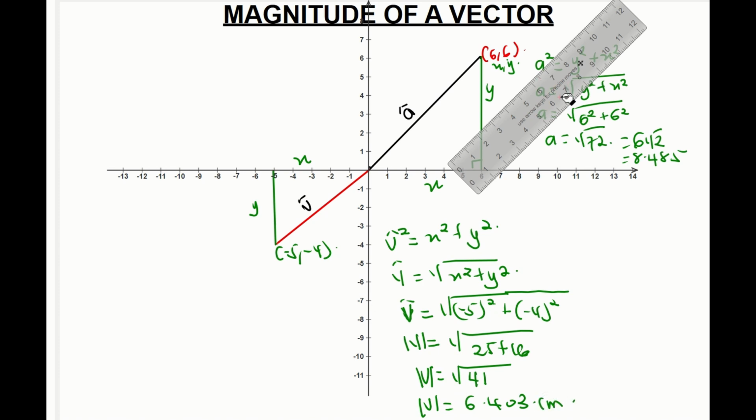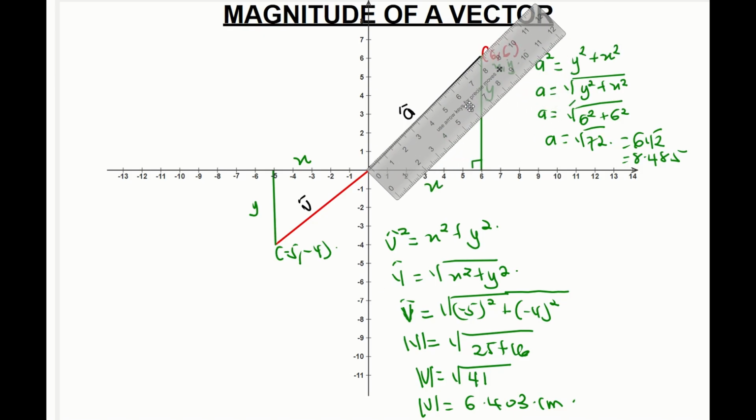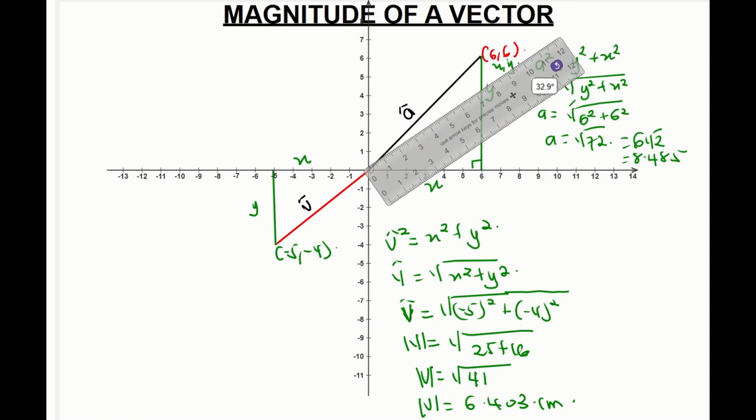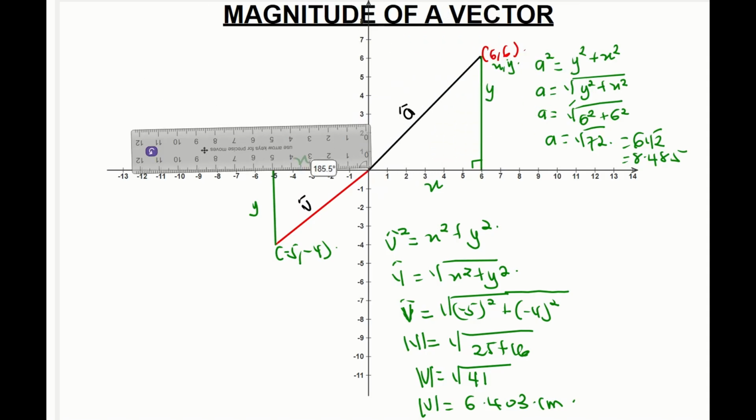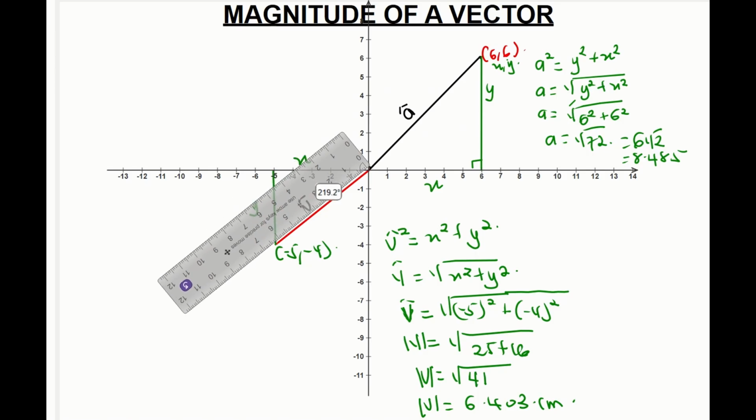So let's bring our ruler here to determine if the length that we have identified is true. We are getting 6.4.